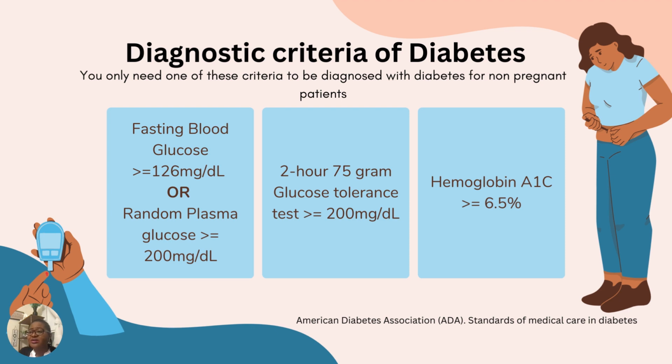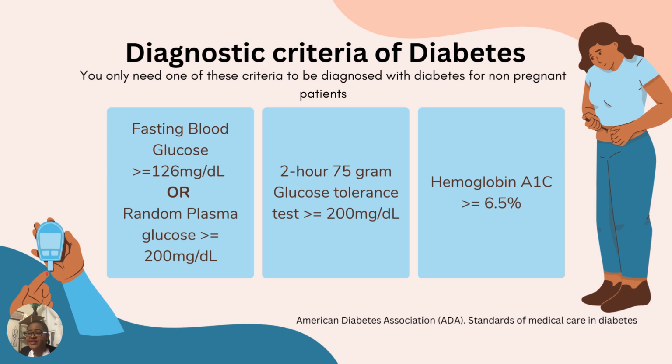We draw his blood to take his blood glucose test. Now, if this is greater than or equal to 126 milligram per deciliter, that is called a fasting blood glucose. That patient can be diagnosed with diabetes.